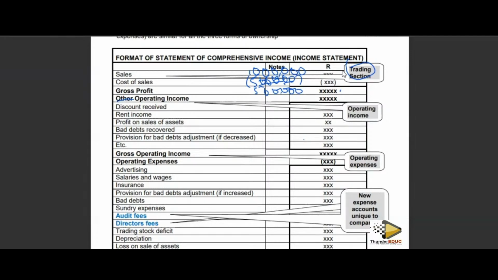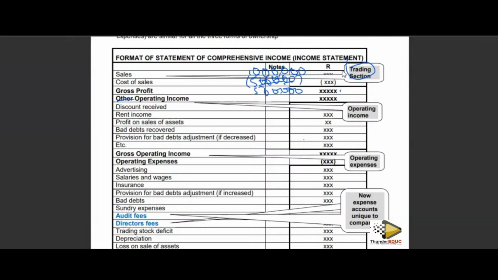But you find that sometimes this furniture shop maybe sold one of its vehicles. Maybe the vehicle was old, and then they sold it off. Now, do you see that the business is going to receive some income?